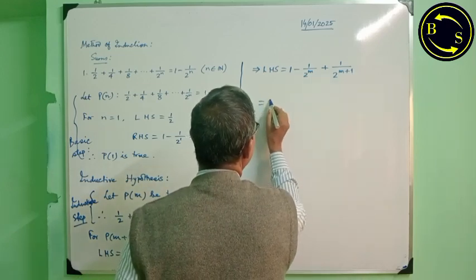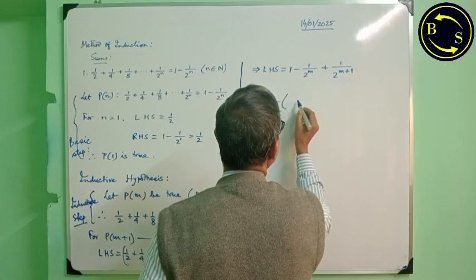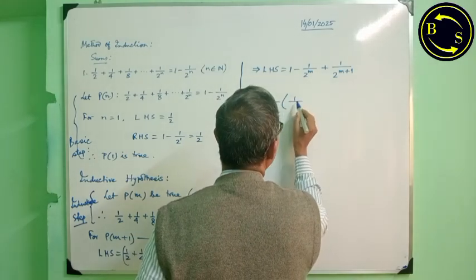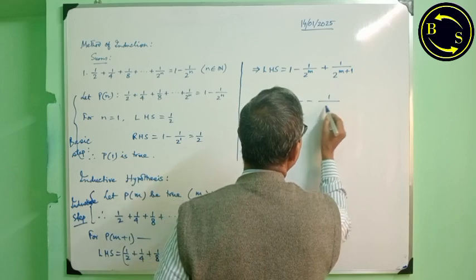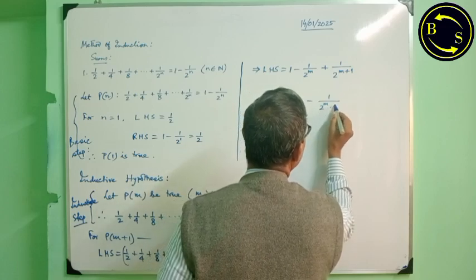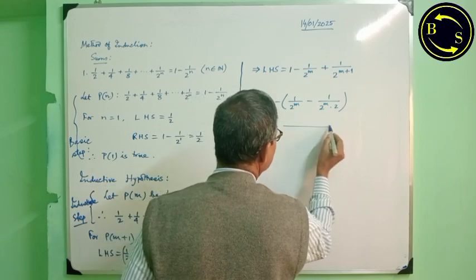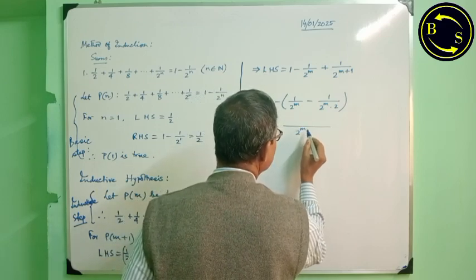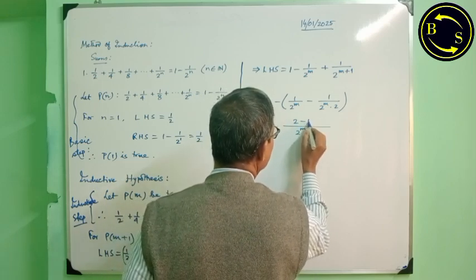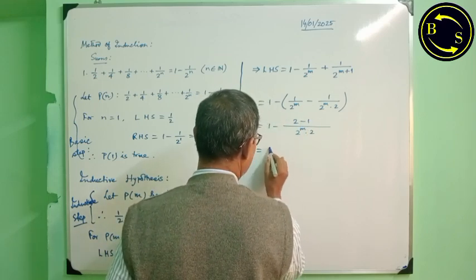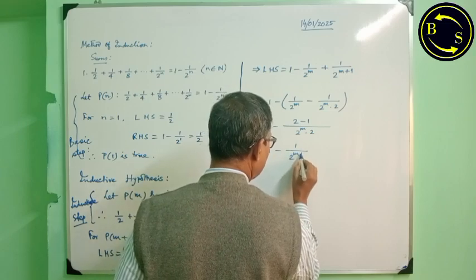Now we simplify: 1 minus, I take minus common, 1 by 2 to the power m minus 1 by 2 to the power m into 2. 1 minus, LCM is this one, 2 minus 1, that is equal to 1 minus 1 by 2 to the power m plus 1.